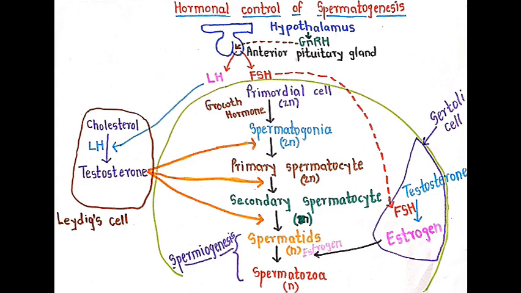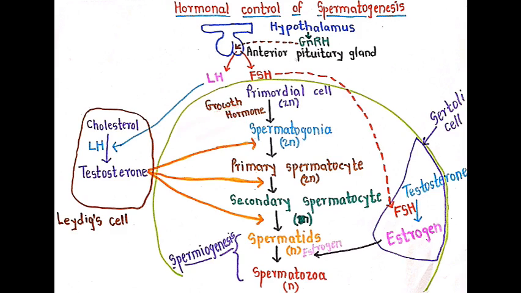Gonadotropin releasing hormone stimulates the gonadotropes of the anterior pituitary to secrete gonadotropin hormones, and the gonadotropin hormones are follicle stimulating hormone and luteinizing hormone. Other than gonadotropin hormones, the early division of spermatogonia is carried out by the growth hormone.